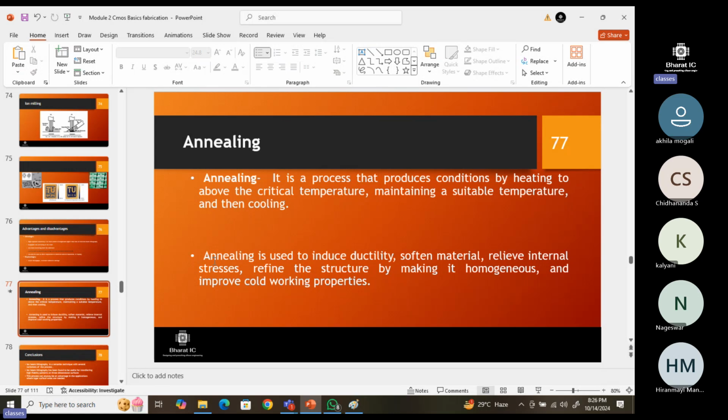Annealing is used to induce ductility, soften the material, relieve internal stress, refine the structure by making it homogeneous, and improve cold working properties. These are the things annealing is used for.